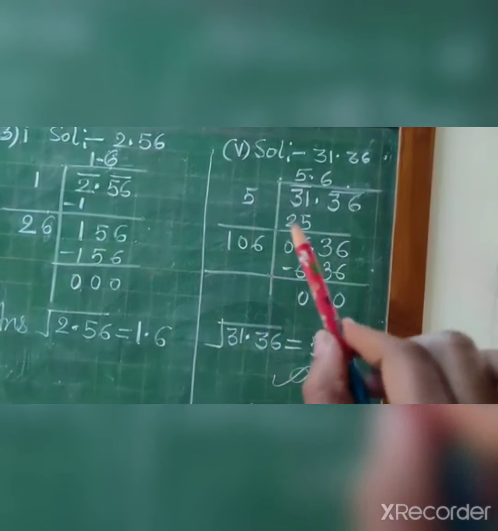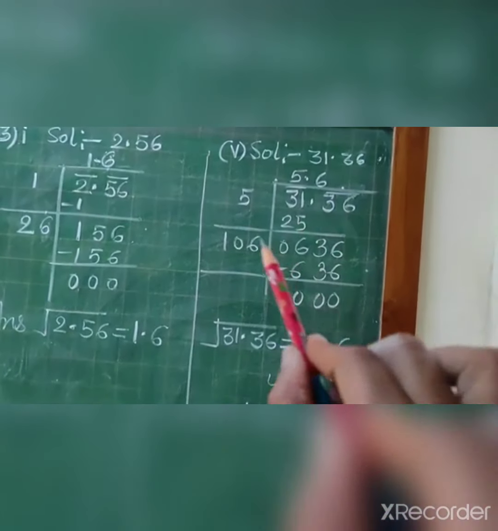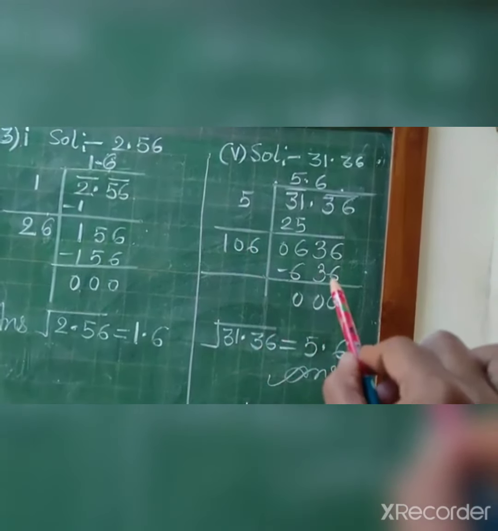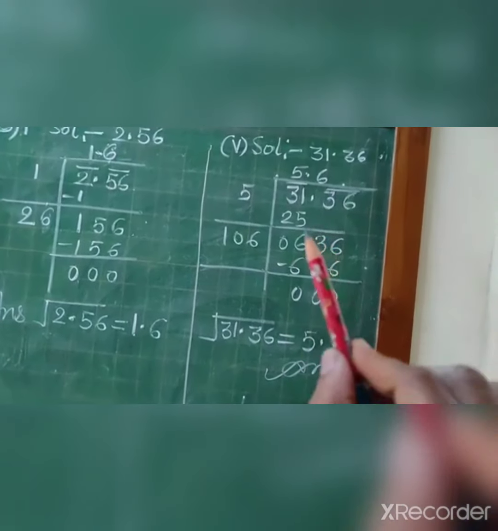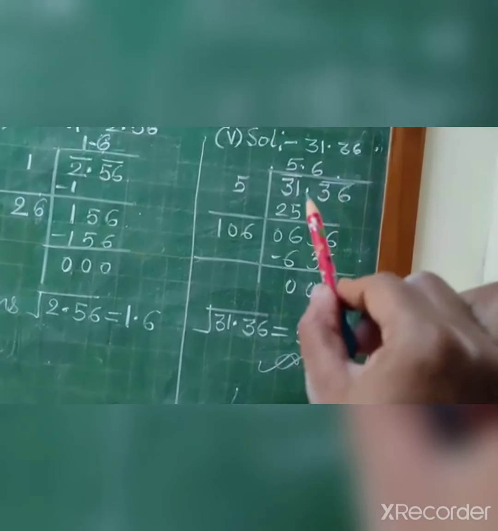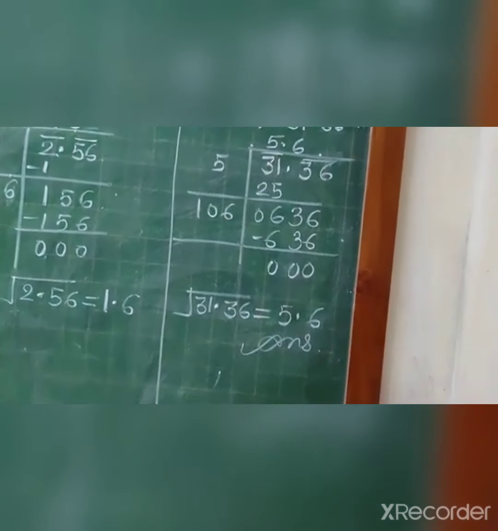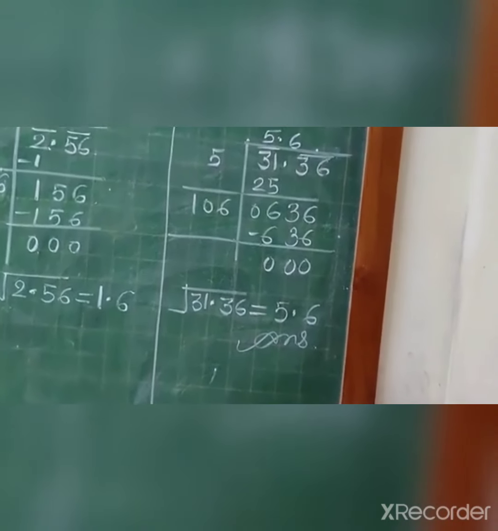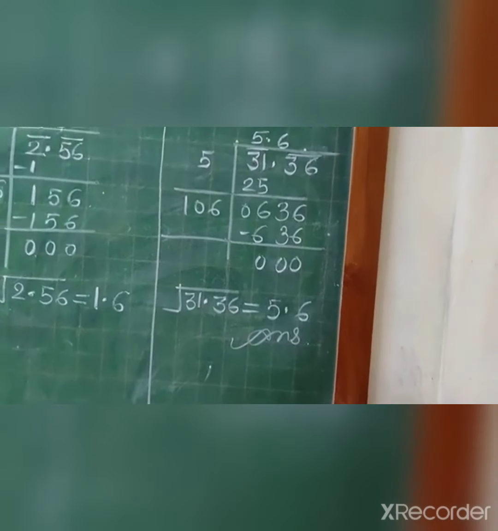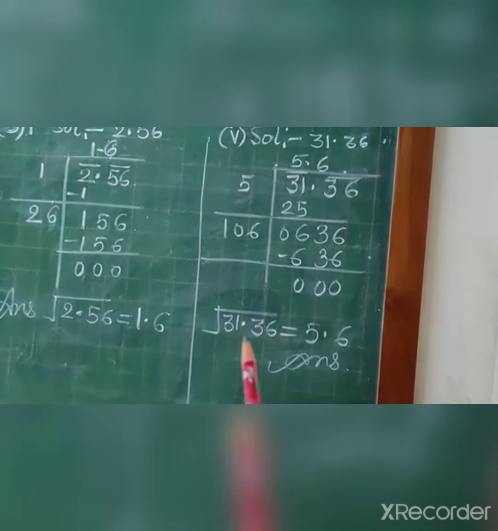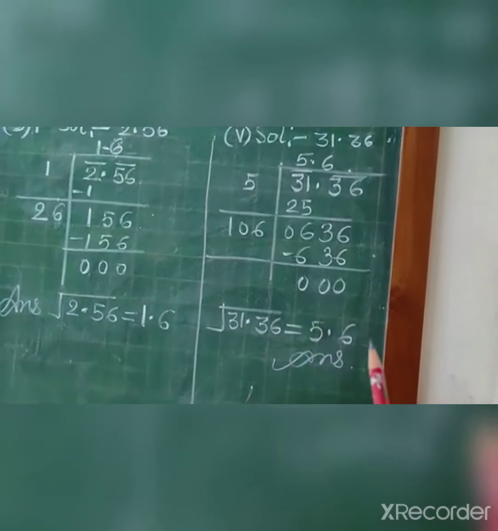Now you will write here 6. So 6 6s are 36 and 36 as it is, 6 1s are 6 minus. So before 2 digits the decimal is here, so in the answer before 1 digit, if 4 digits are there, before 2 digits, if 6 digits are there, before 3 digits. So square root of 31.36 is equal to 5.6.